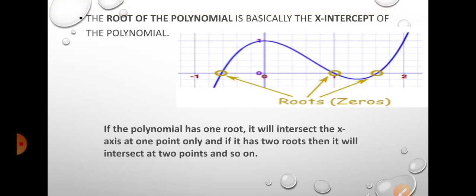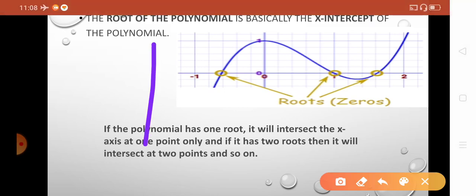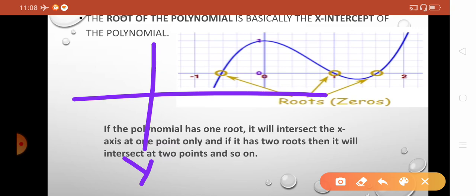The root of a polynomial is basically the x-intercept of the polynomial. What is the x-intercept? It is the point where a curve or line cuts the x-axis. For example, you have the y-axis and x-axis.